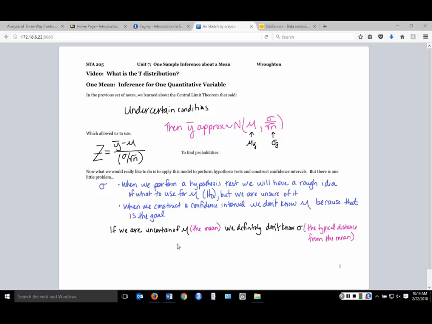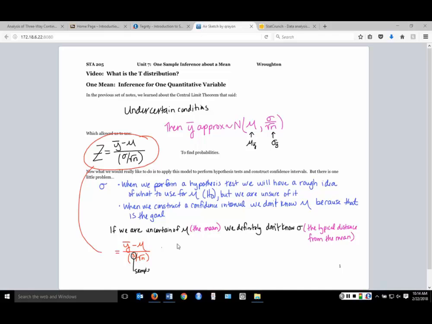So let's look at what we had. So here's our formula that we had. Now I'm going to change it a little bit. I'm still going to use my y bar. I'll still use this idea of knowing a mu, but instead of sigma, I'm going to use S. Again, remind ourselves what S is.